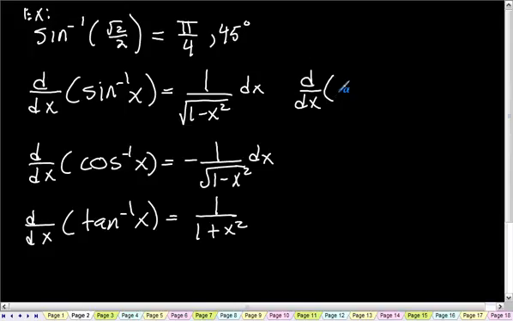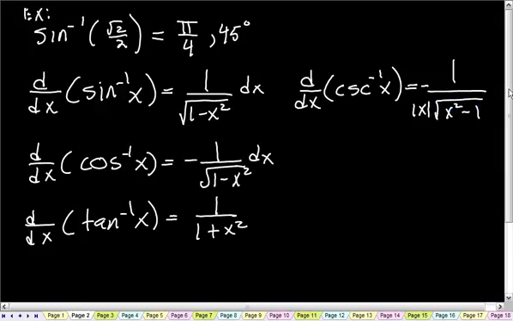The derivative of inverse cosecant of x is equal to negative 1 over the absolute value of x times the radical of x squared minus 1. You have to memorize it. There's no way around it.